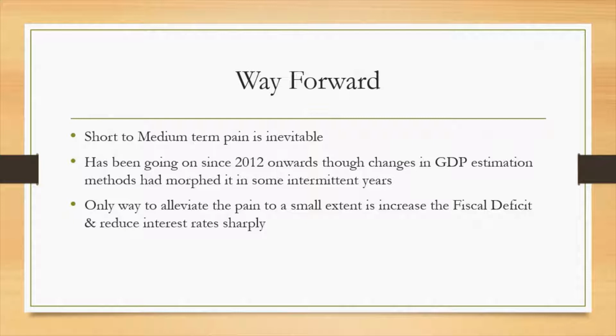And let me tell you this, even though in the intermittent years the GDP has shown high upticks, part of that reason is that somewhere around 2014 or 15, the GDP estimation methods have changed, and at least some part of the high uptick is being morphed because of these changes in the GDP estimation methods.